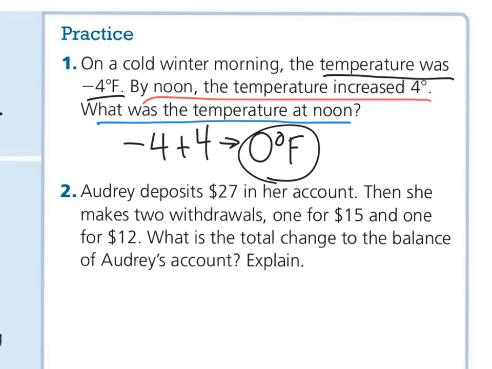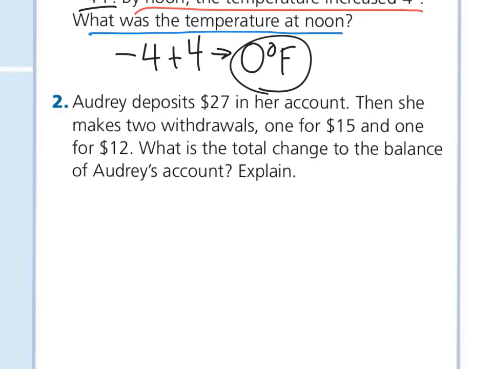Number 2, Audrey deposits $27 in her account. So deposits is putting money into the bank. Then she makes 2 withdrawals, one for $15 and one for $12. Withdrawal is taking money out of the bank.